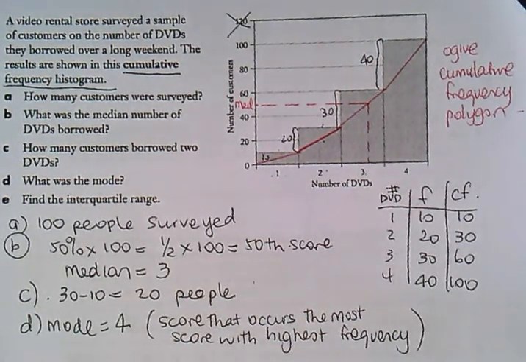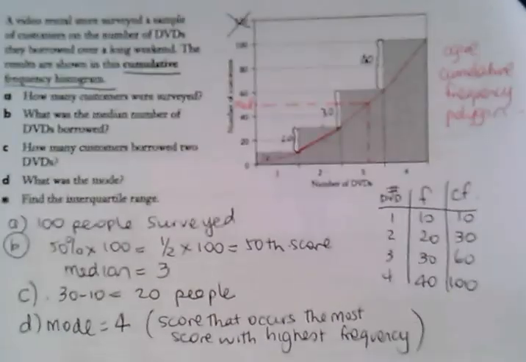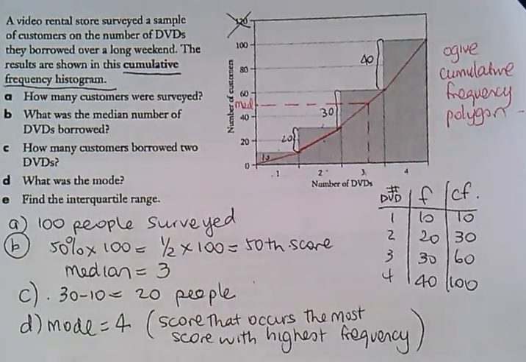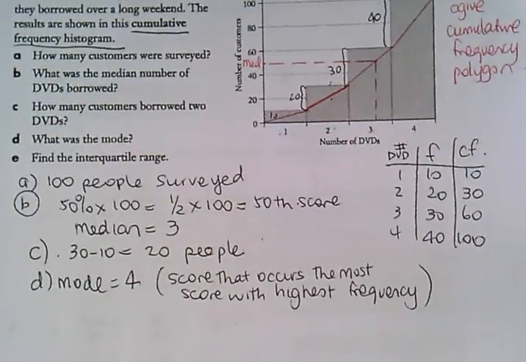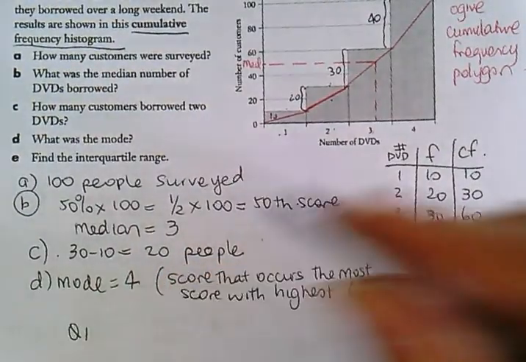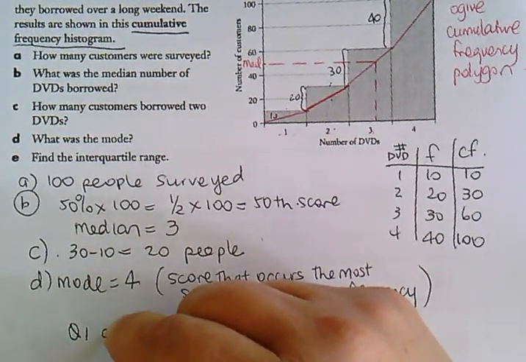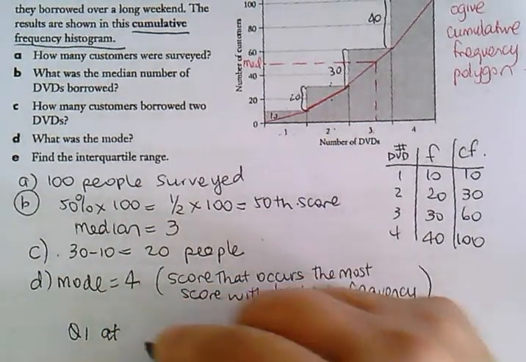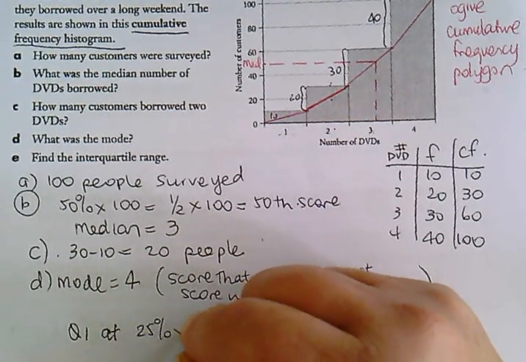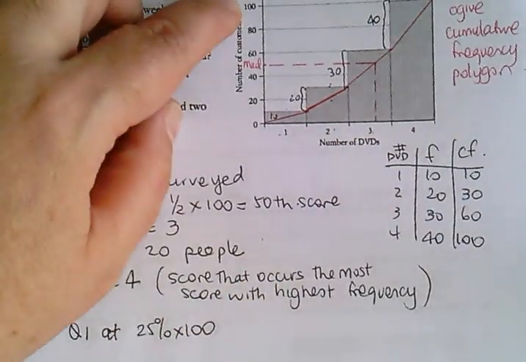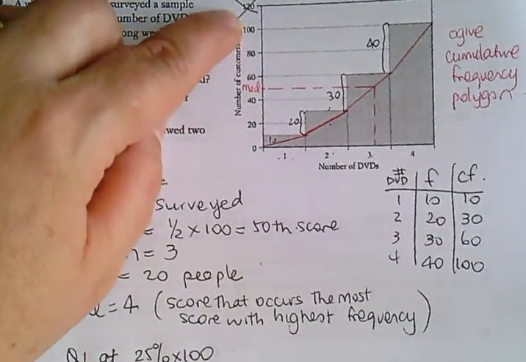Now, the interquartile range. You know how we came across at 50% or the halfway mark for the median? For the lower quartile, we come across at 25% or a quarter. Q1 is at 25% of 100. If this number here was 50, I'd say 25% of 50.